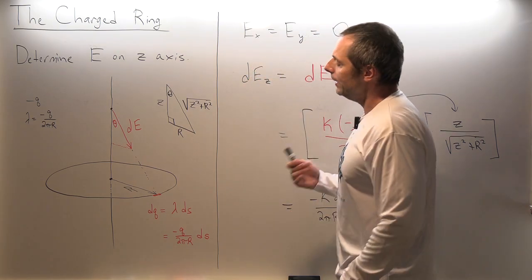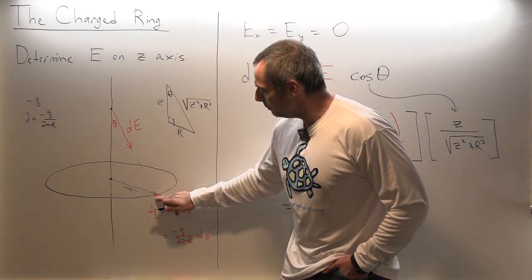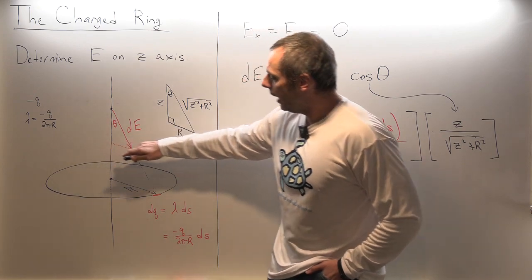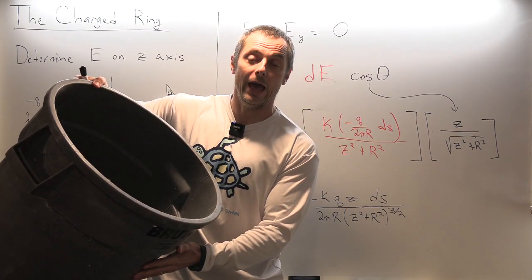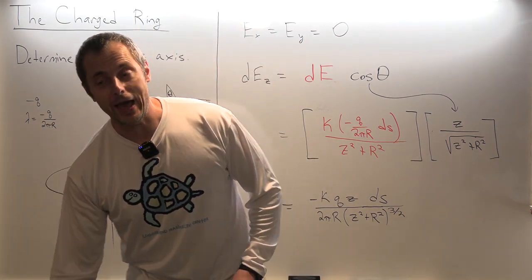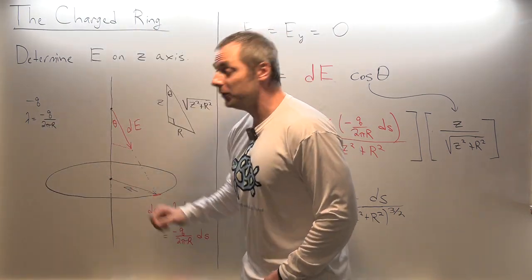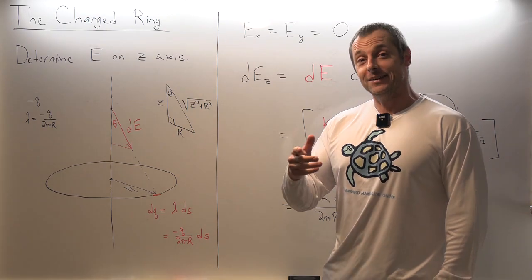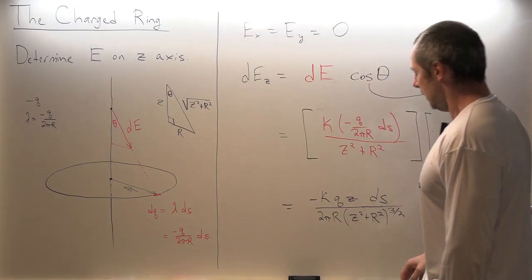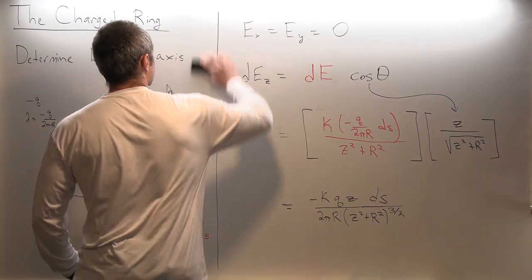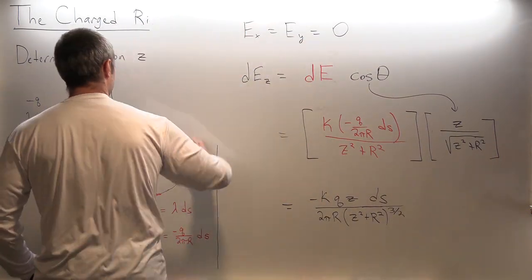But we don't want just the z component of one little piece. We want it for the entire ring, okay? All of the pieces added together. And so when we add little bits of something over and over again, that's integration, the magic of integration. So we're going to integrate this. But let me make a little room.